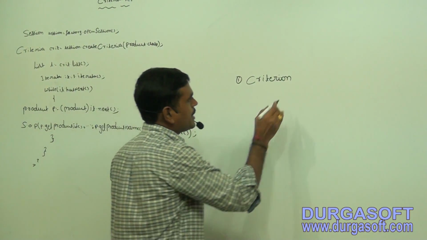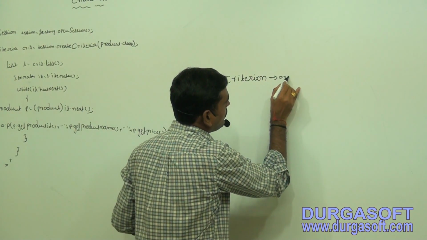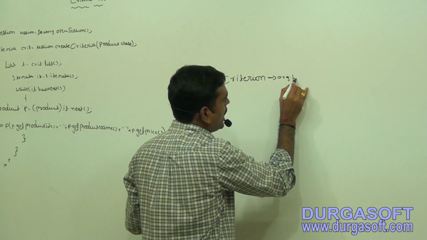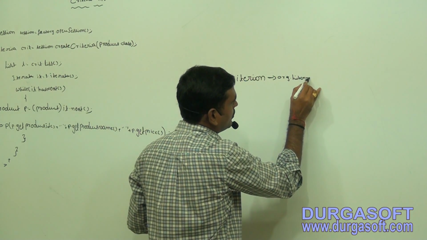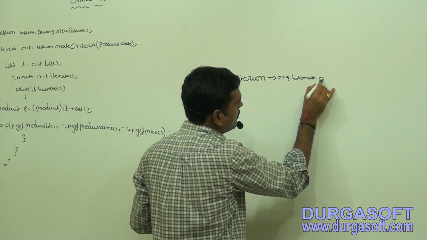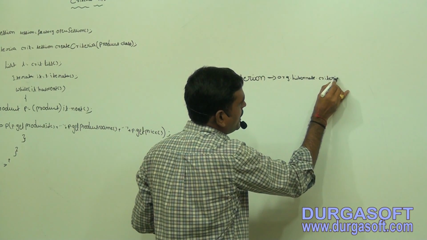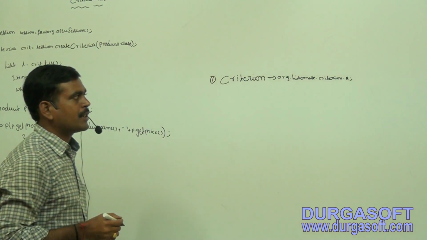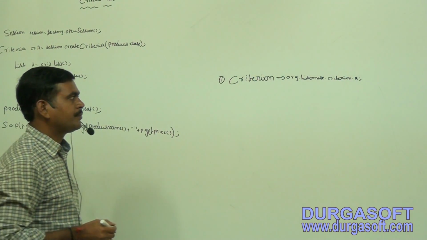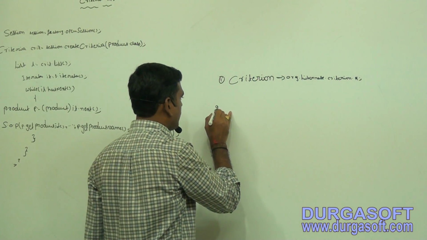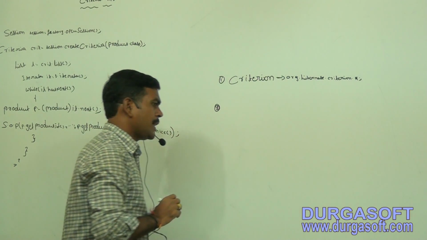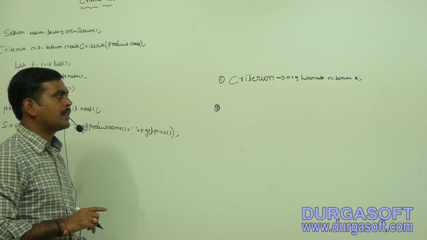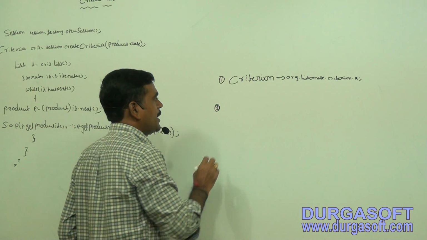This is an interface available in the org.hibernate.criterion package. And one more point we have to remember. Why are we remembering these two important points? If we want to put the conditions on selected data, what is the other point here?